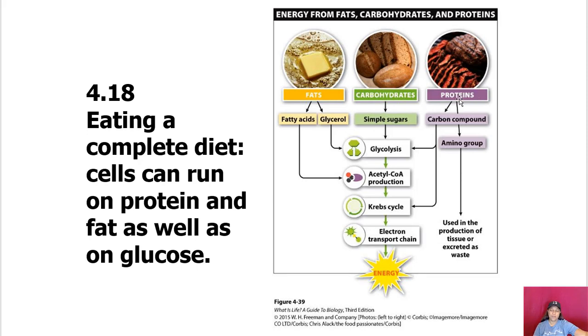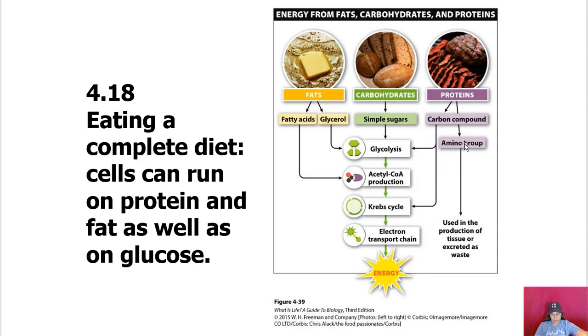But let's look at proteins. What happens when we break proteins down? Remember, proteins have their carbon-based compounds, their amino acids. Basically, the amino groups are used for the production of tissue, or if we take in too much, it's excreted as waste.